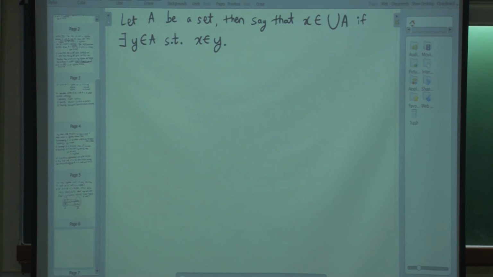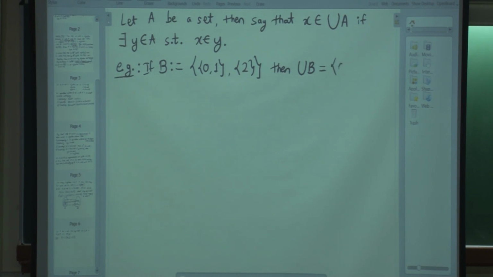So let me give you an example. For example, let B be the set consisting of 0, 1 and 2. These are sets. 0, 1 and 2 are sets. So what will be the union of B? This is perhaps a notation that you haven't seen before. 0, 1, 2.